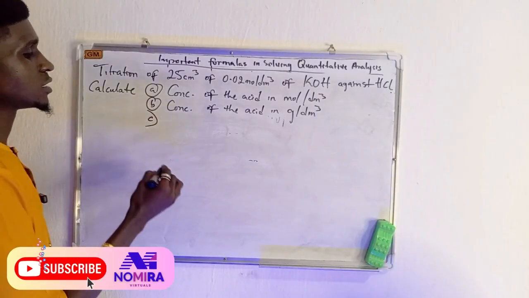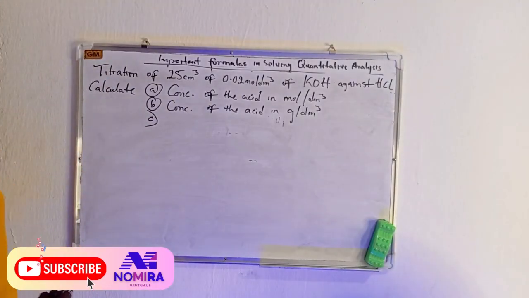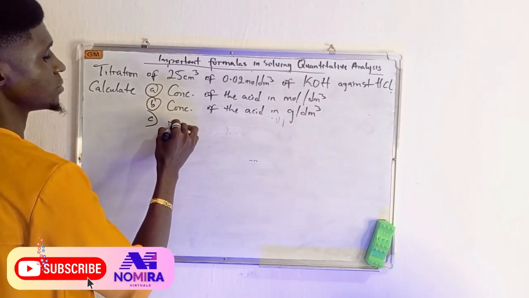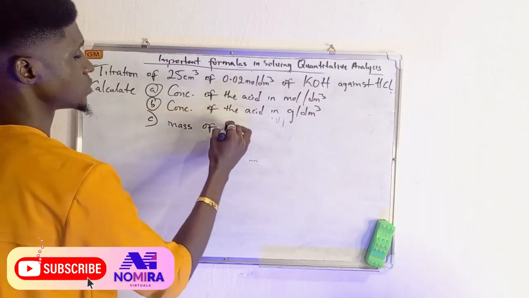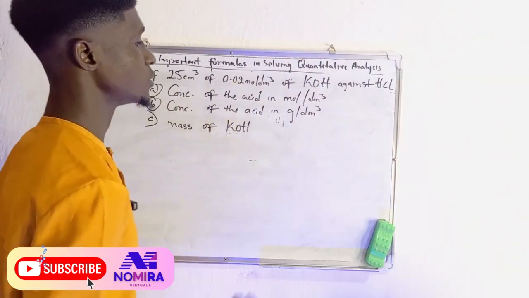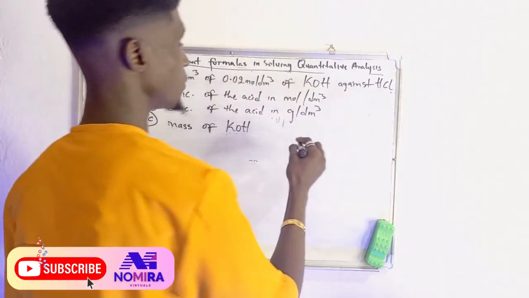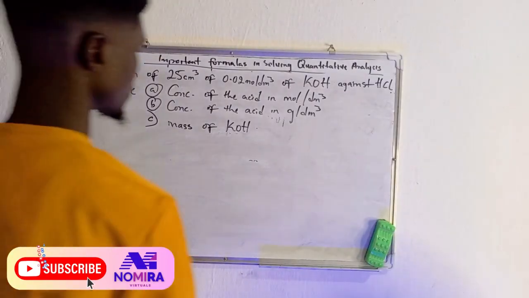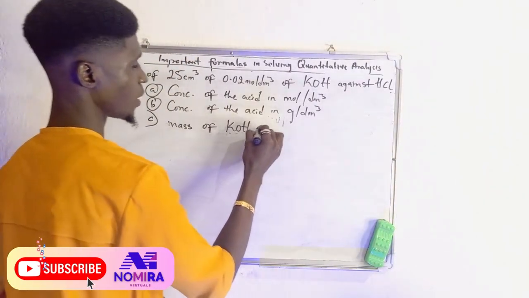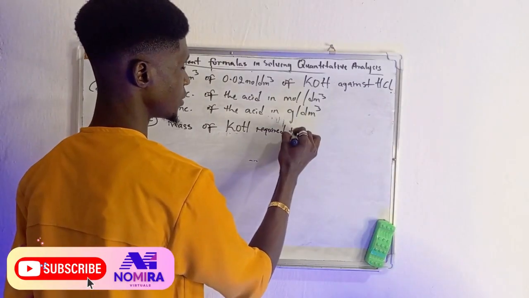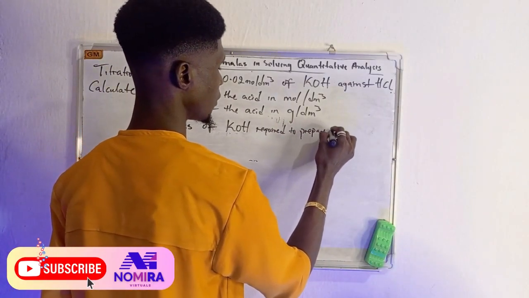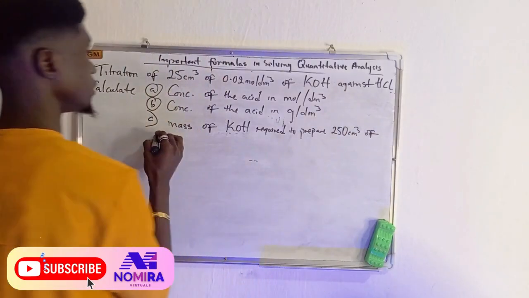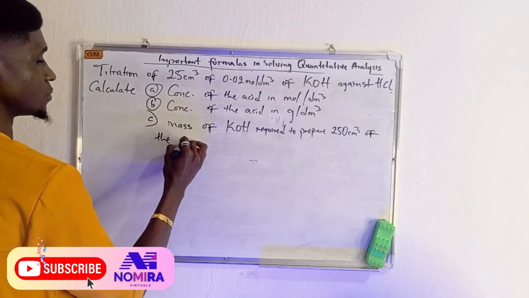Then finally, let's say the question is to find the mass of the base, potassium hydroxide, required to prepare 250 cm cube of the solution.